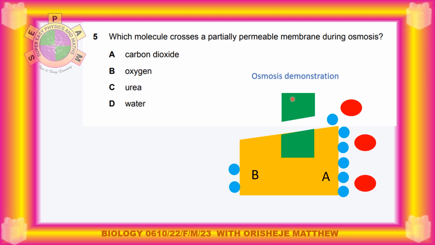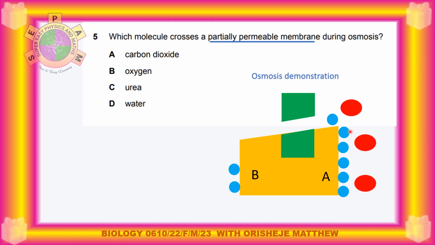Then you have this semi-permeable membrane. By partially permeable, it means that it will allow some particles to pass through, but will not allow others. So if you look at region A, we have the big red particle, and then we have this small water molecule, blue.